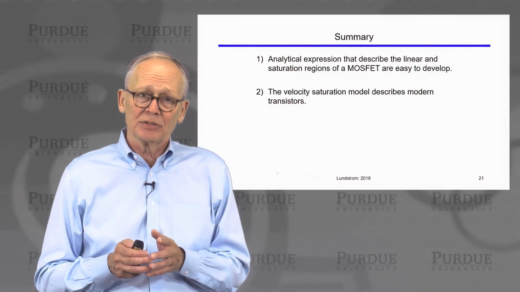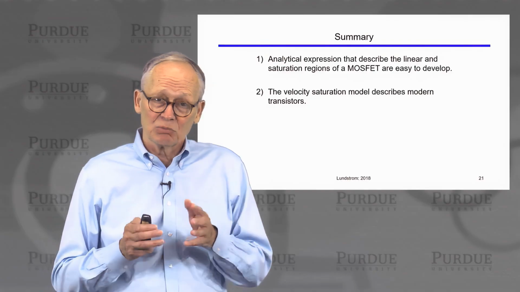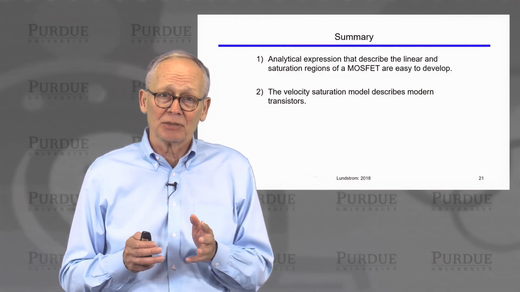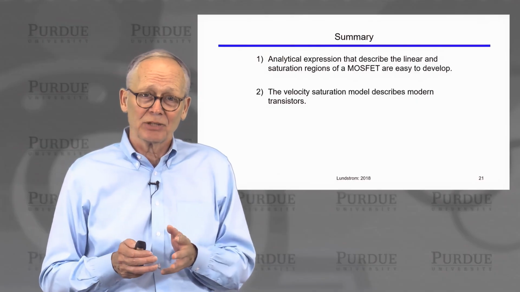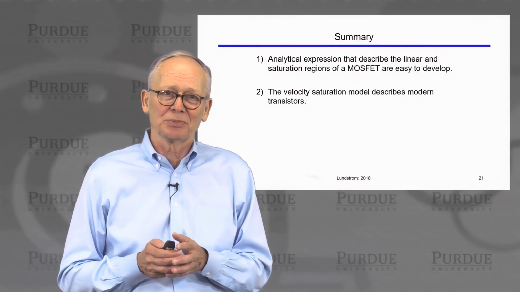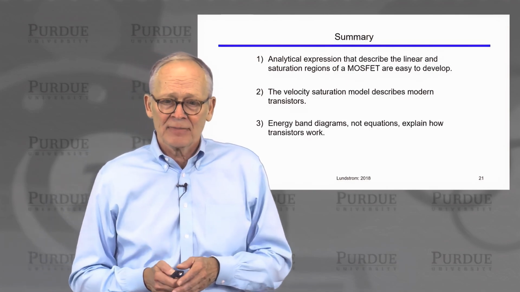This is a model that seems to describe modern short channel devices reasonably well, even though we know the physics seems to be completely wrong. So this is a mystery that we're going to have to get to the bottom of, and I hope you'll stick with me in the course and we'll explain why this happens as the course develops.